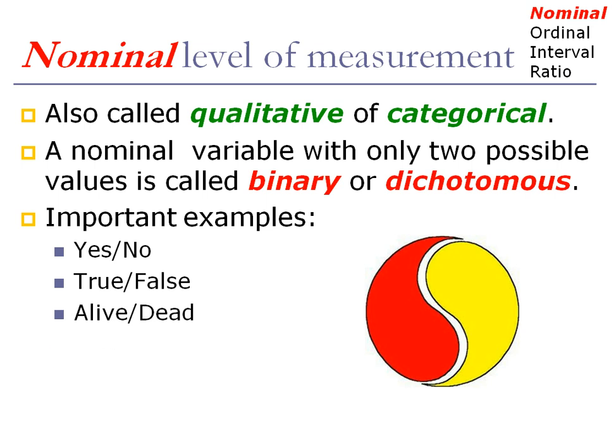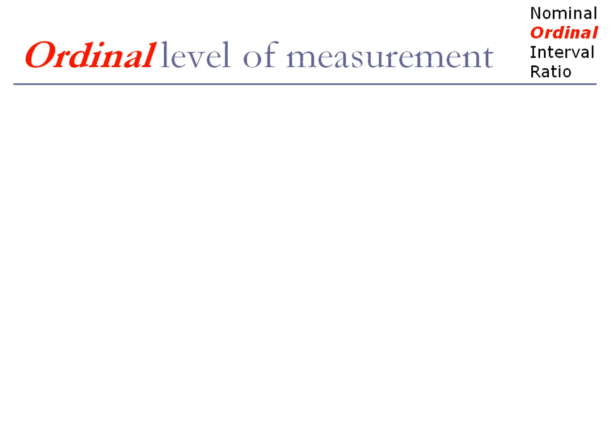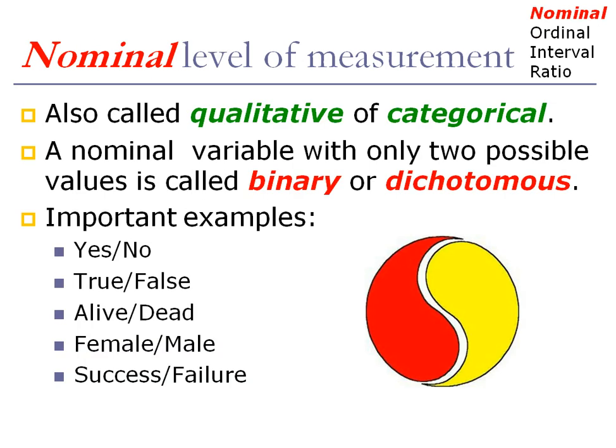For a patient, you may want to know if the patient is alive or dead, or female or male, or if a certain treatment is a success or failure. So these are all dichotomous variables. These kinds of variables are going to be very common, and we're going to use them quite a bit.